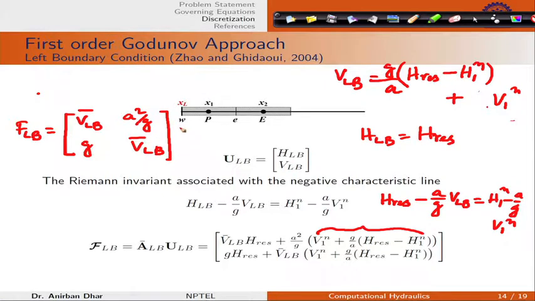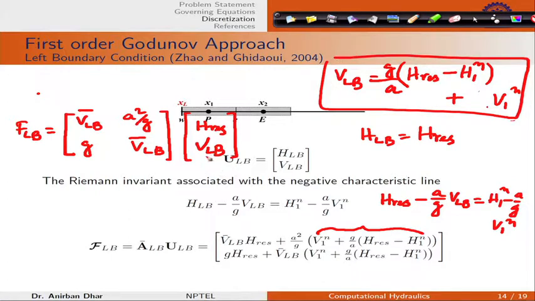So, from there if I multiply my H res, which is a known value at the upstream section, because a tank or reservoir is connected, I have a known pressure level, but the velocity VLB, this quantity I can directly calculate based on this equation.